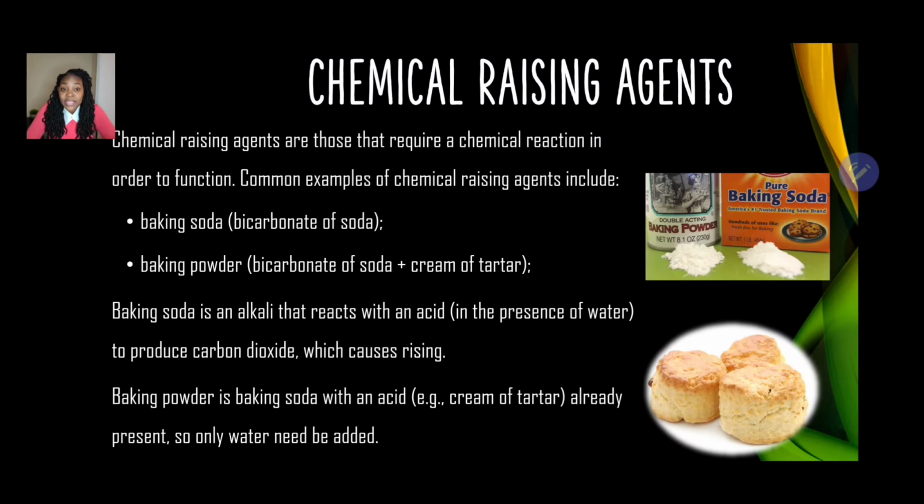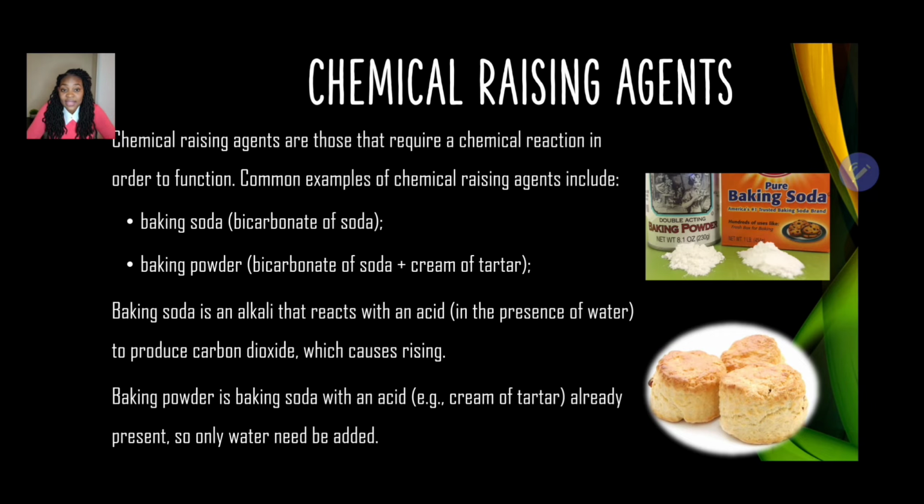Baking powder is made from a combination of baking soda and cream of tartar, right? So baking soda or bicarbonate of soda plus cream of tartar gives us baking powder.